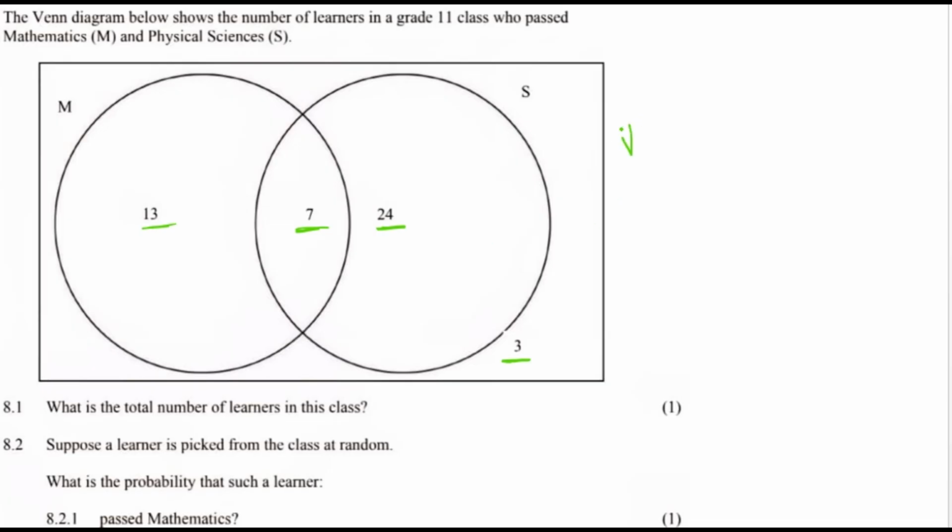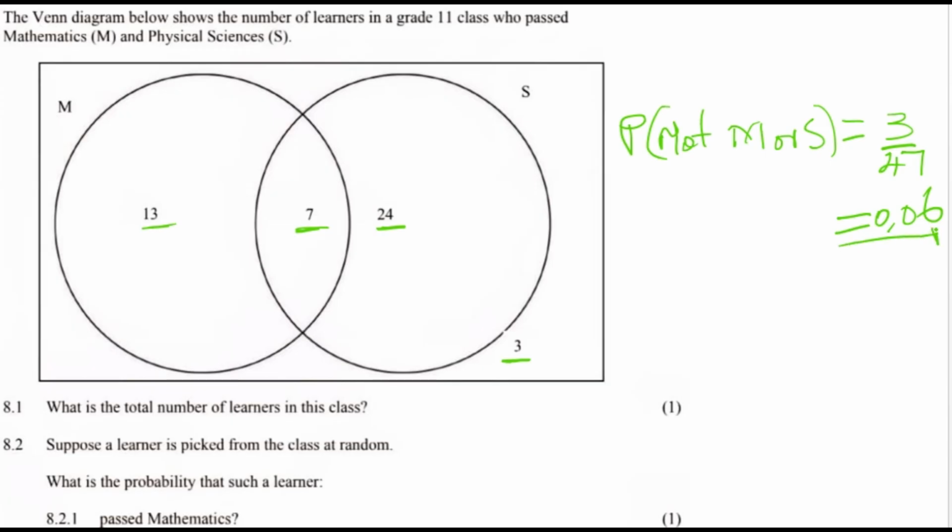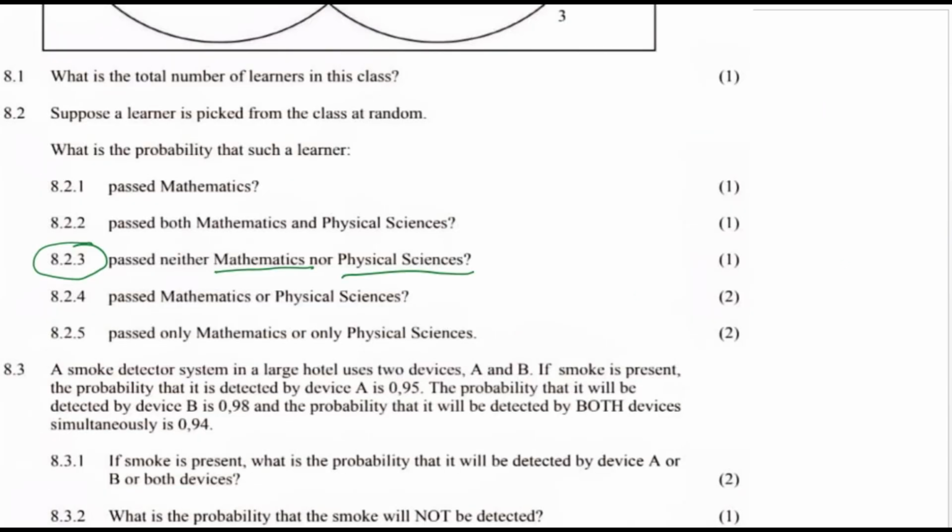So the probability of not maths or science is equal to 3 over the total, which is 47. In decimal, that is 0.06. That will be the answer.